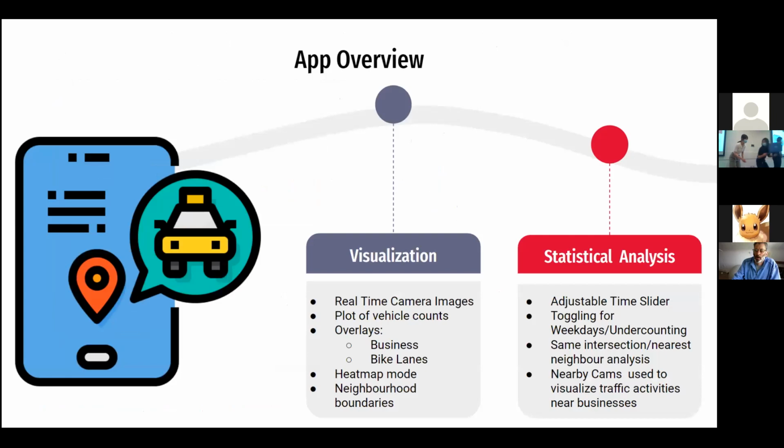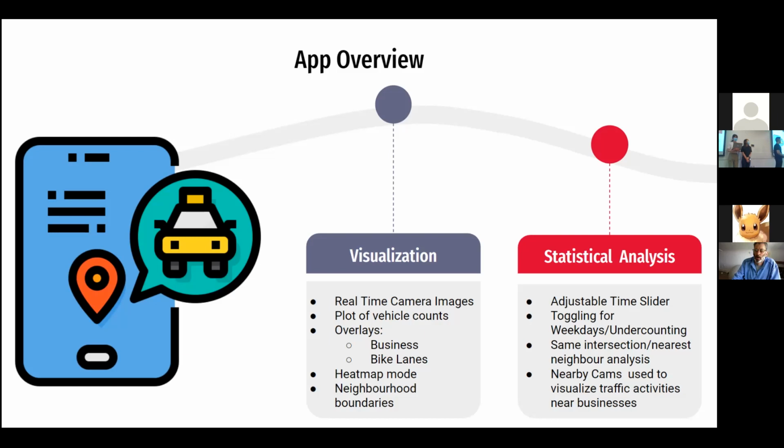Just a highlight overview of the app demo. There are two parts to it: one is the visualization part and one is the statistical analysis. For the visualization part, we have a lot of overlays to assist the analysts in finding clues in data. For example, we have business overlays with bike lanes. We also have a heat map mode to analyze the changing traffic in time.